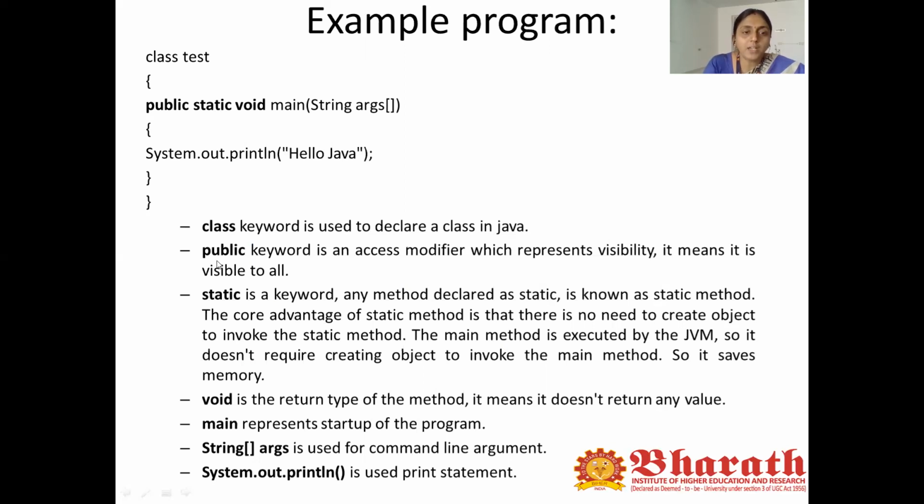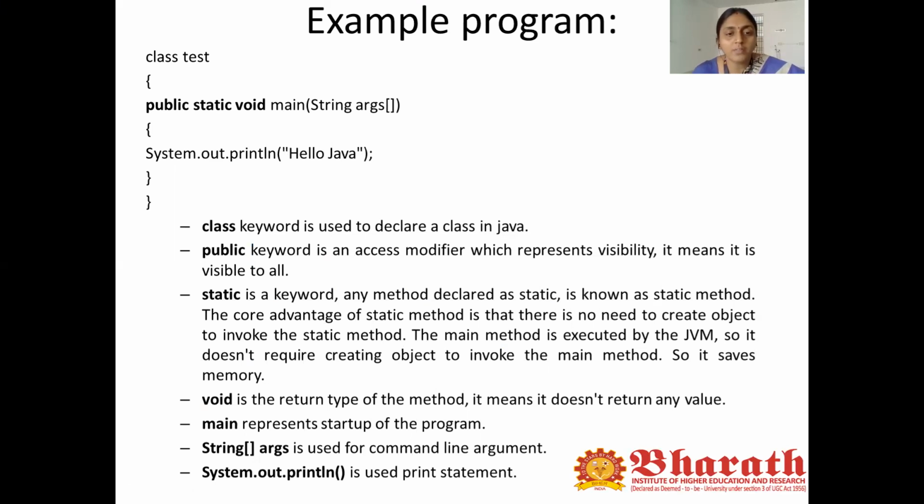Here the public keyword is an access specifier which represents the visibility. That is, the main function can be visible to all the objects and even outside the class. Next, the static keyword: any method declared as static is also called a static member of the class.